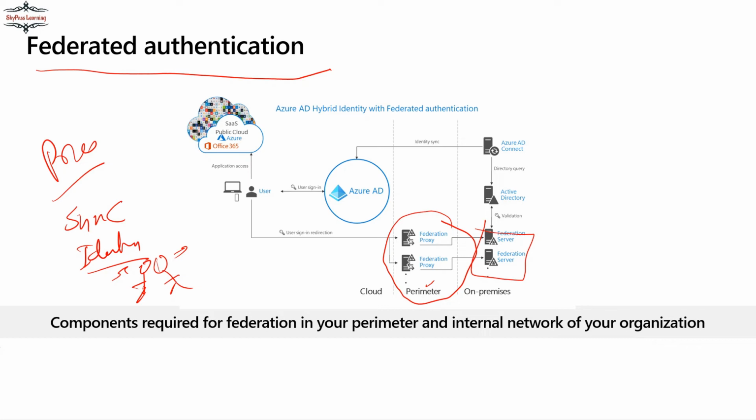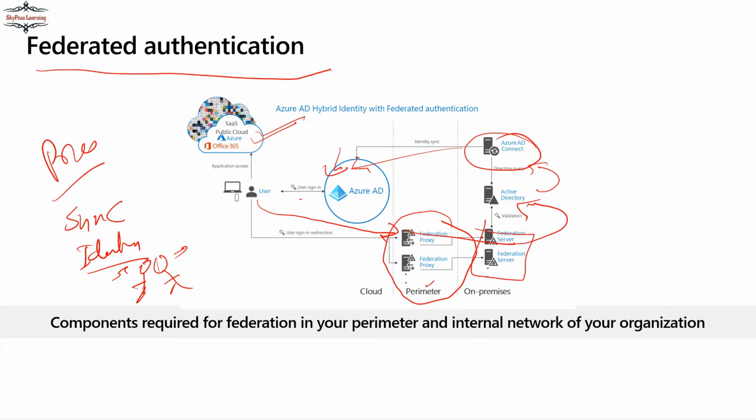Once the user ID is synced to the cloud, in Azure Active Directory, and that has been handled by the Azure AD Connect Cloud Sync feature, that will sync the data from here to the cloud. Once it syncs, whenever the user tries to access their email or Teams or any resource based on Azure Active Directory, their request is redirected to the federation server, and this federation server is responsible for authenticating against Active Directory.